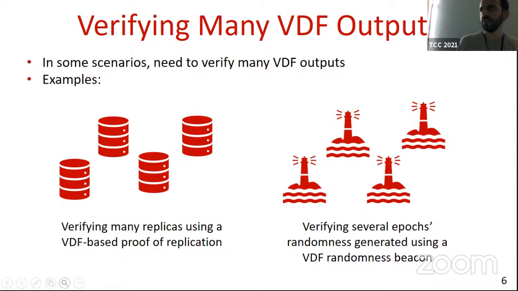Now, in some scenarios, you might be interested in verifying not just one, but many VDF outputs at the same time. As a concrete example, you can consider verifying that some storage service maintains many copies of your file via some VDF-based proof of replication. So this is one example.